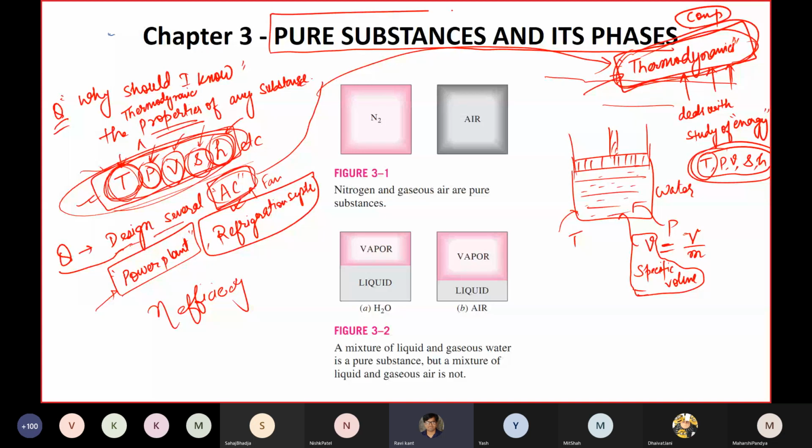Just ignore this chapter 3, because I have taken this PPT from my previous thermodynamics lecture. You may have a mixture of substances, but we are more interested in pure substances, because the working fluids in refrigeration or power plants are often comprised of pure substances.